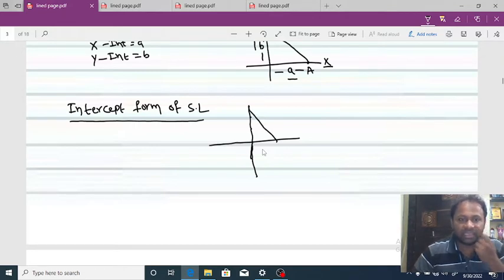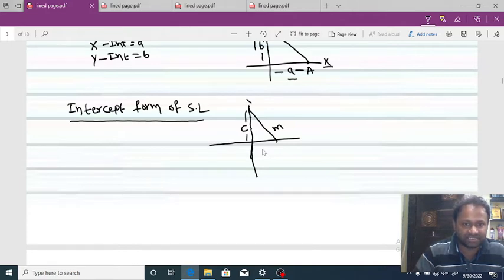It is a line with slope m. The slope of the line is m and the y-intercept is c.